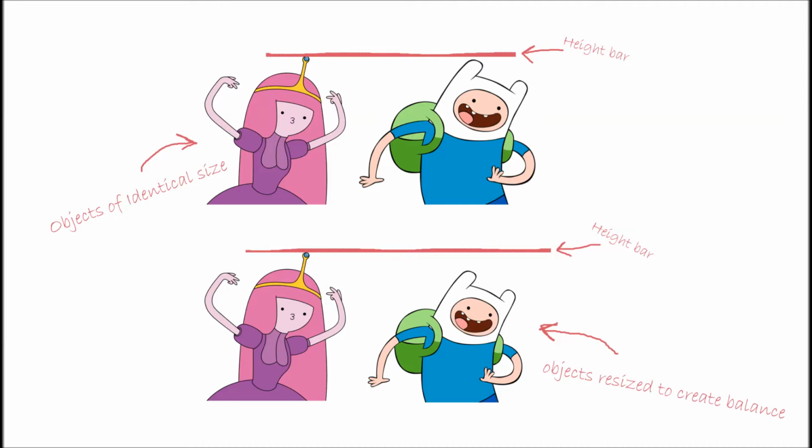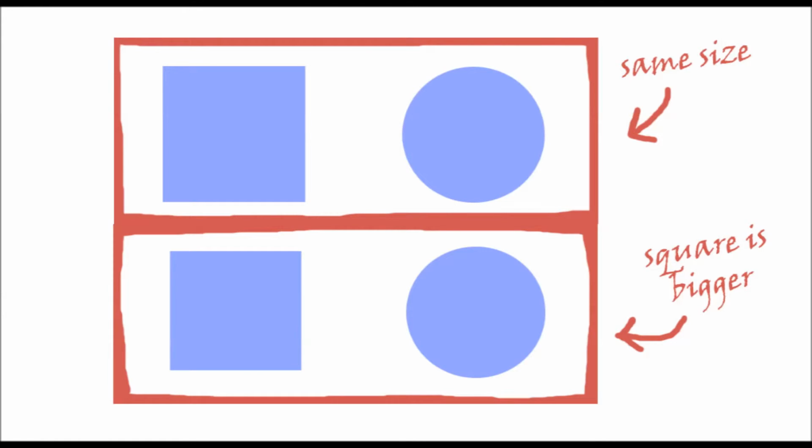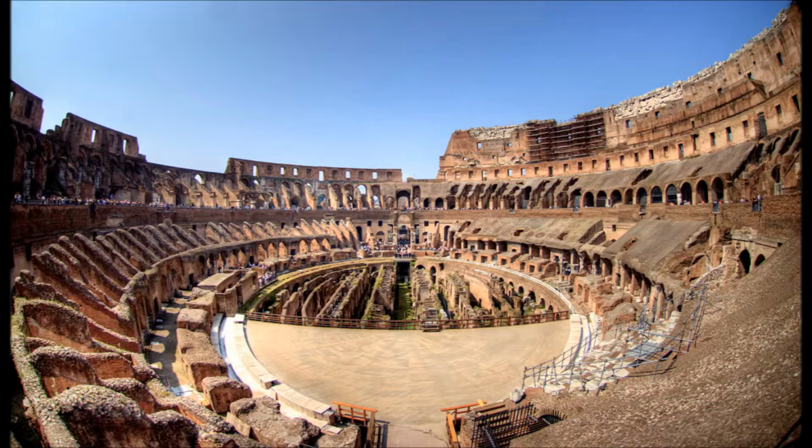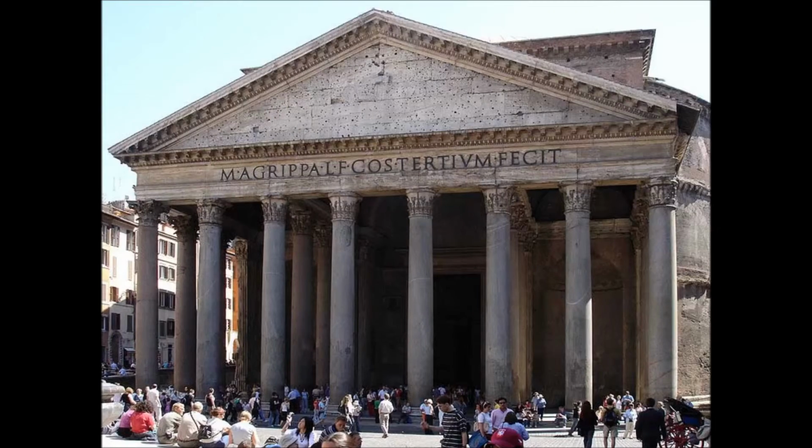So you sometimes need to resize the object to make it smaller to create balance, even if it's the same size. You would think the same size would create balance, but you sometimes need to make it smaller, especially with squares and circles. Think about the Pantheon, one of the Greek buildings.